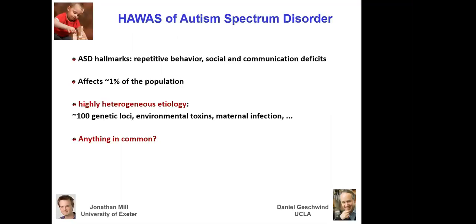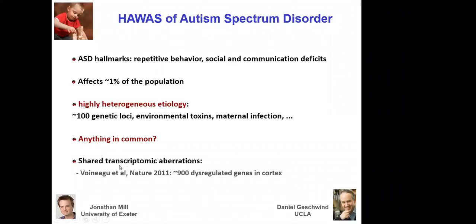So what can we do? We were inspired by Dan Geschwind. These are my collaborators, Dan Geschwind at UCLA and John Mill in Exeter. We were inspired by Dan's paper in 2011, quite a while back now, showing that there are about 900 dysregulated genes, autism versus control, in the cerebral cortex.